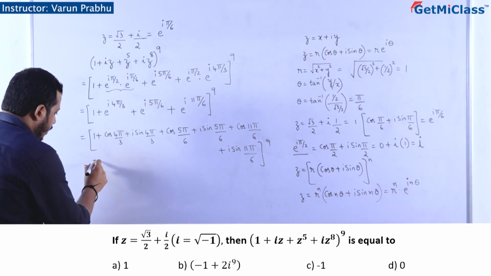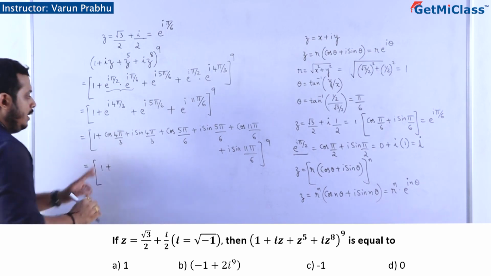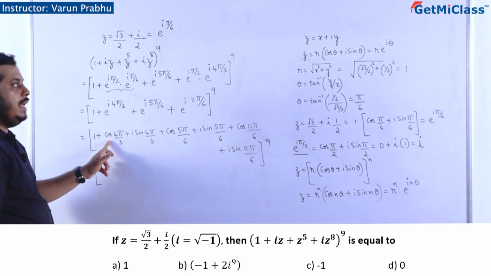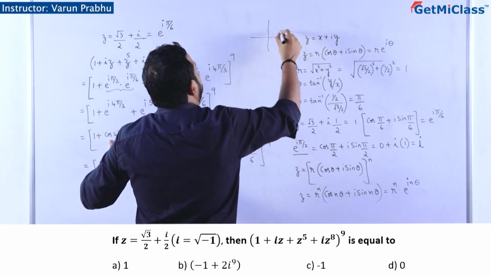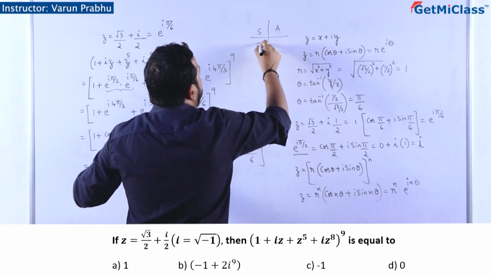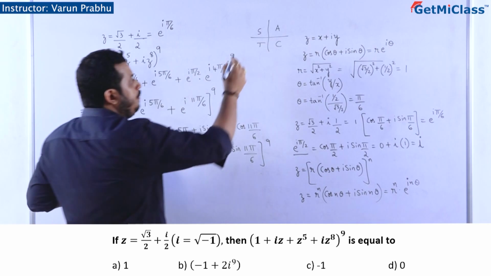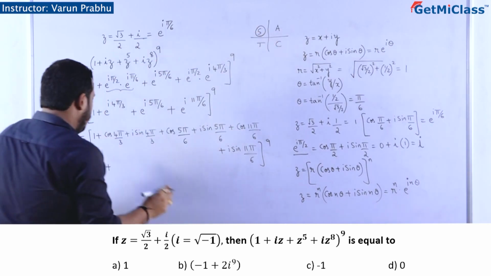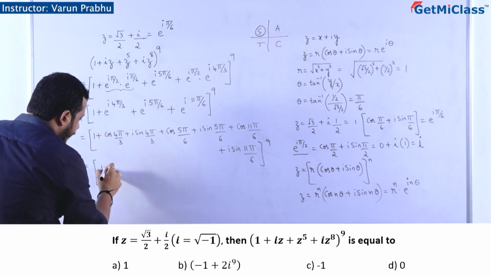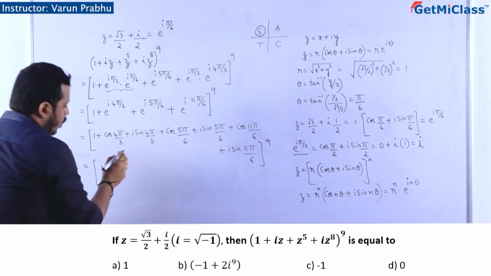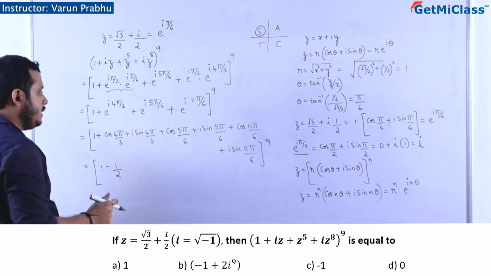So what do we get here now? Cos 4 pi by 3. Cos 4 pi by 3 lies in the third quadrant. We know this quadrantal behavior of angles, ASTC. In this quadrant cos should be negative. Cos pi by 3 is cos 60 degree, minus half.